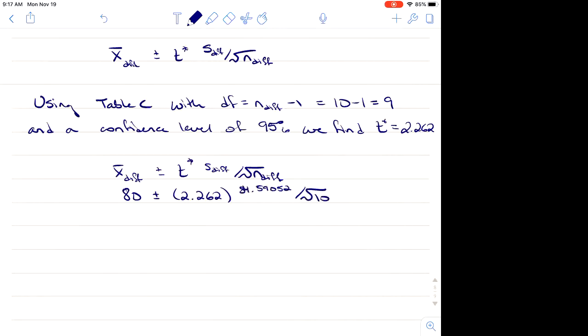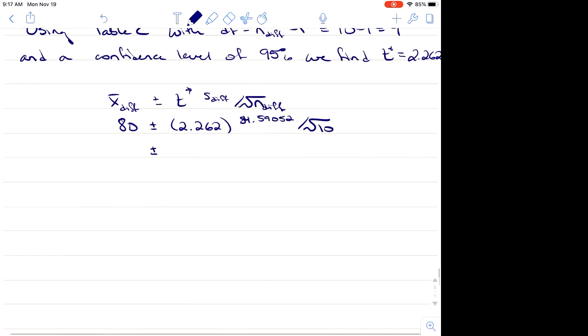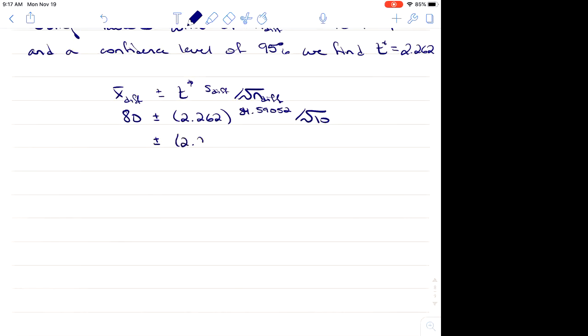So 84.59052 divided by the square root of 10. Just so you can check your values, 2.262 times 26.7498717. So we get 80 plus minus 60.508208858.